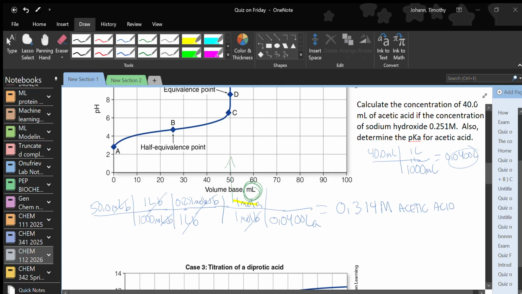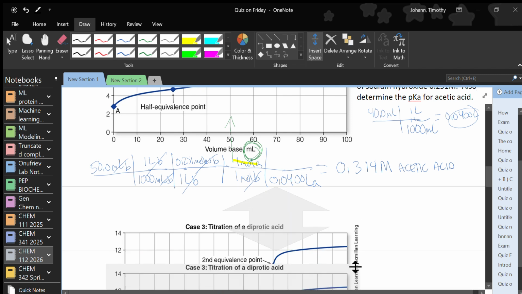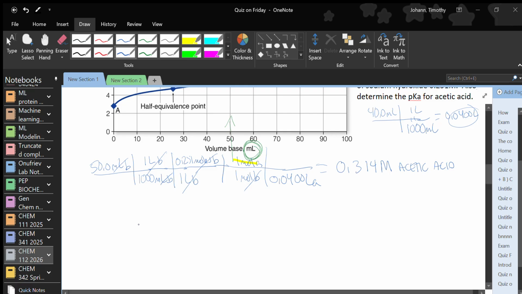Okay? Now, the question asks me what the pKa was for it. Well, if you remember, when we talked about the Henderson-Hasselbalch equation, we said that if we have an acid, the pH is equal to the pKa plus the log of my base concentration over my acid concentration, like that. When these two things are equal, that's the log of 1, right? So let's rewrite that.